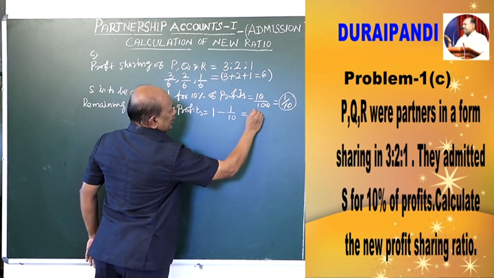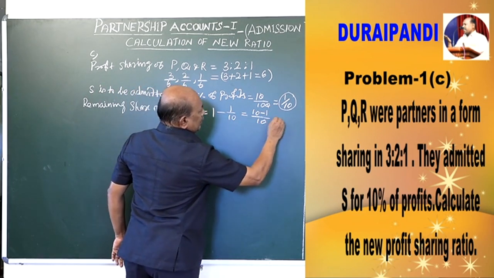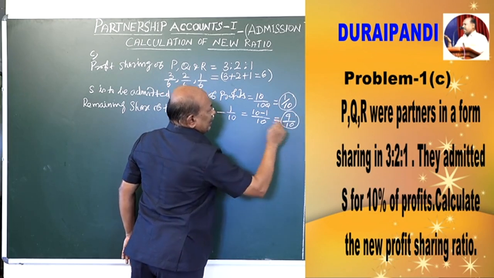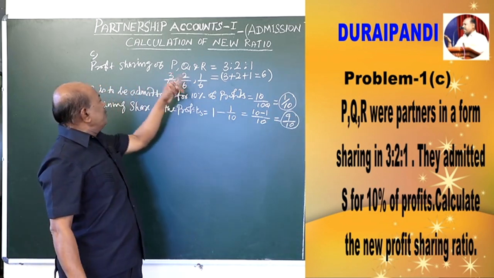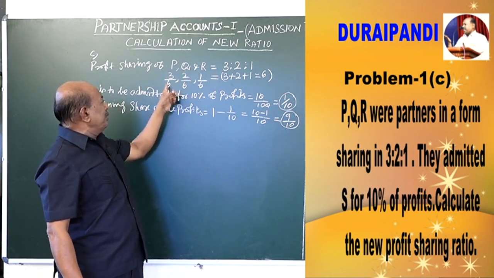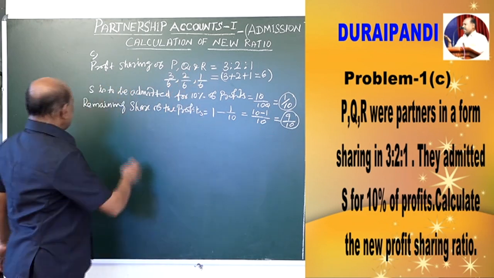That is equal to 10 minus 1 divided by 10, that is equal to 9/10. 9/10 is the remaining share of the firm. This 9/10 is to be shared by P, Q, R in their respective ratio 3/6, 2/6 and 1/6.